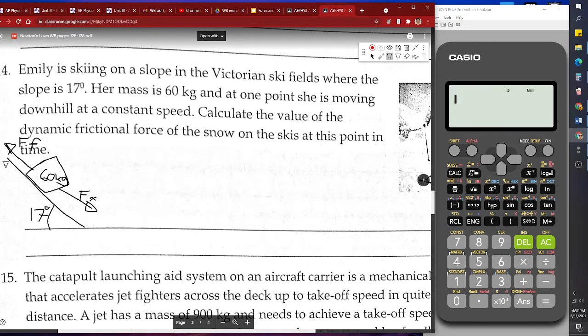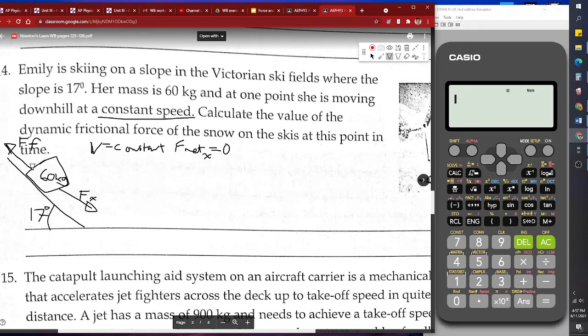That just means it's following this plane going that way. If v is constant, then F net in the slope direction is 0.